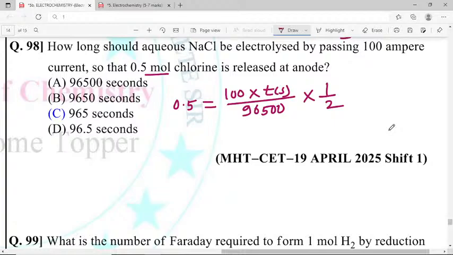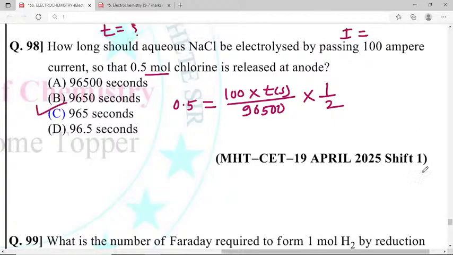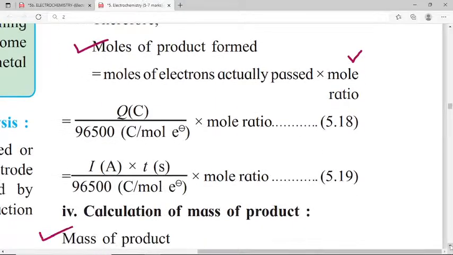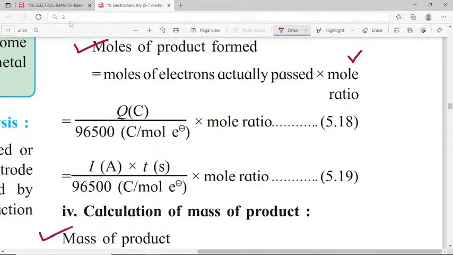So 965 seconds is your answer if you solve this one. This is your formula. Moles of product formed is equal to coulombs divided by 96500 multiplied by mole ratio.